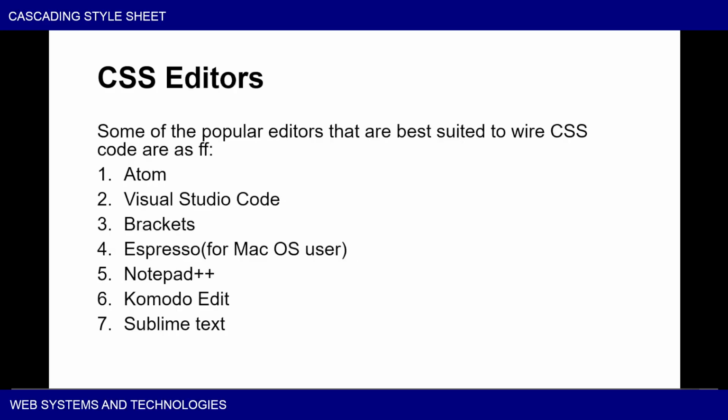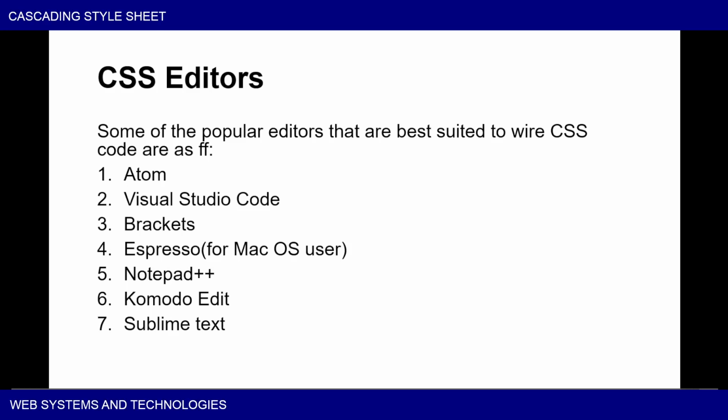Okay. So where can we write CSS? Some of the popular editors that are best suited to write CSS code are as follows. We could write it using Atom. It's an editor. We could also use Visual Studio, which I'm using right now.